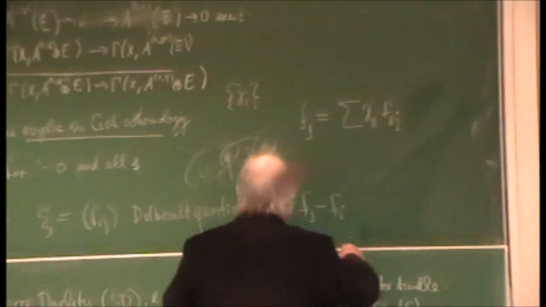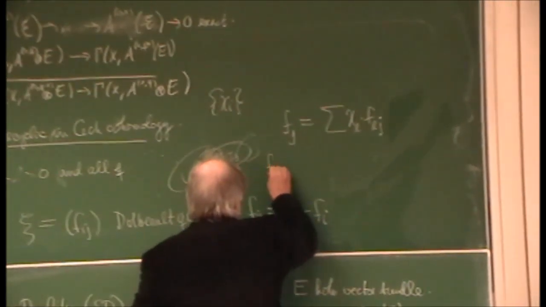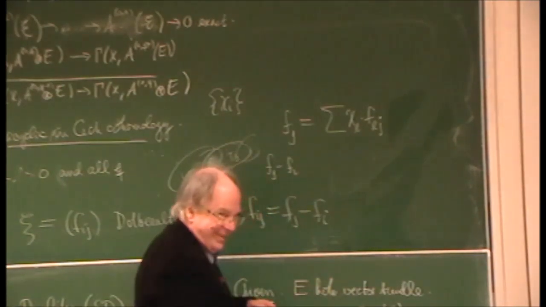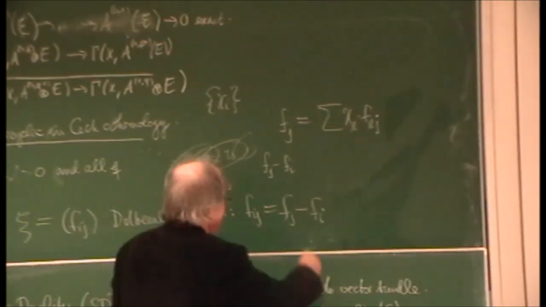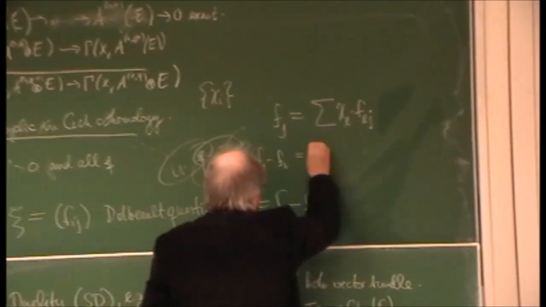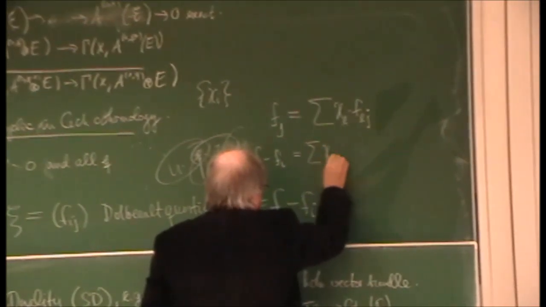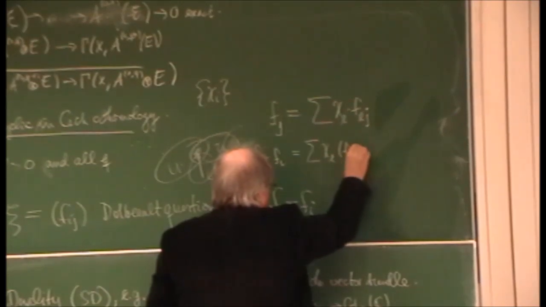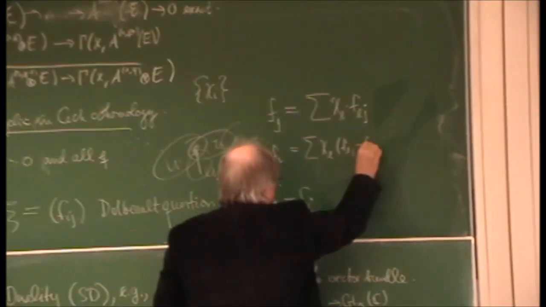And now, I will probably get the sign wrong, but look, Fj minus Fi. I'm going to write it down. It's really silly. So that is the sum of chi_L times (Flj minus Fli).